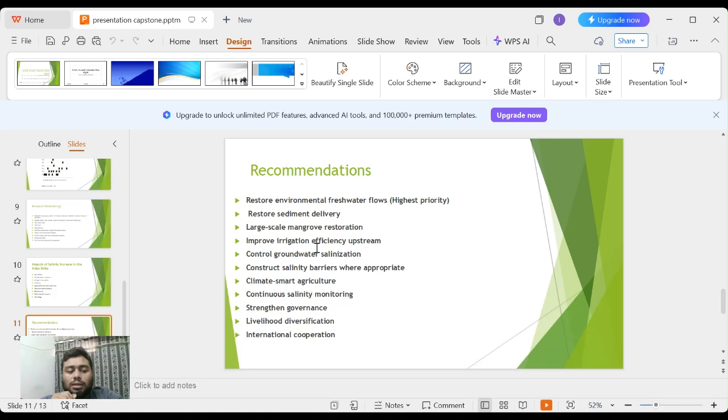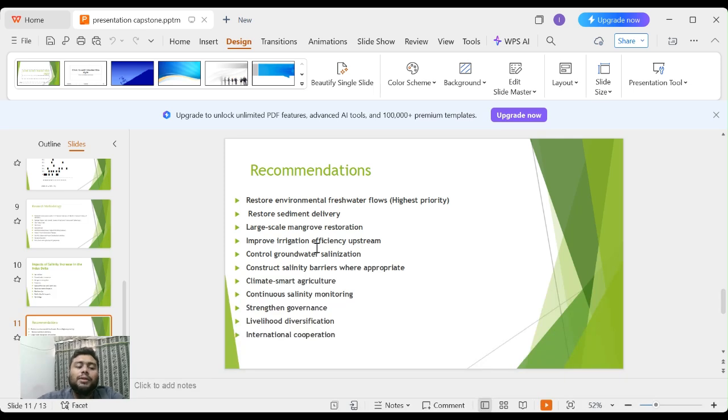The seventh one is climate smart agriculture that will introduce salt tolerant crop varieties and improve the drainage system. Applying gypsum on sodic soils where suitable is very necessary, and also promote crop diversification and agroforestry that will benefit in maintaining the productivity under saline conditions and improving farmer resilience.